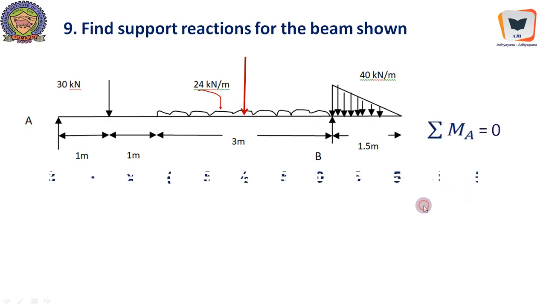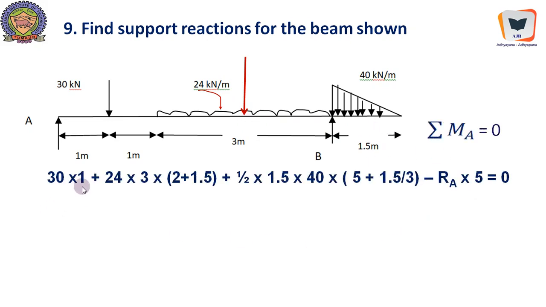And here sigma MA equal to 0, so 30 into 1, that is this one, and 24 into 3, the equivalent concentrated load, into 1.5 plus 1, 2.5 plus 1, 3.5. So 2 plus 1.5, 3.5, plus this area of the triangularly varying load itself is the equivalent concentrated load, that comes like half, base is 1.5, height is intensity of loading 40 kilonewton per meter.